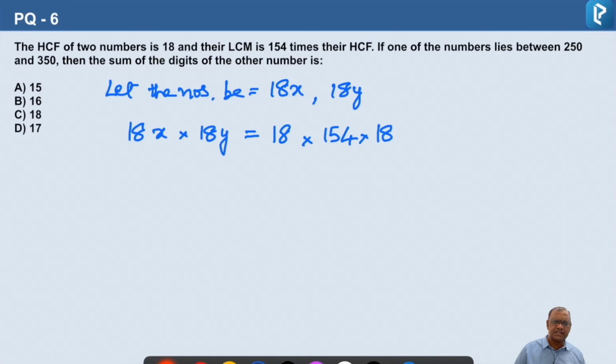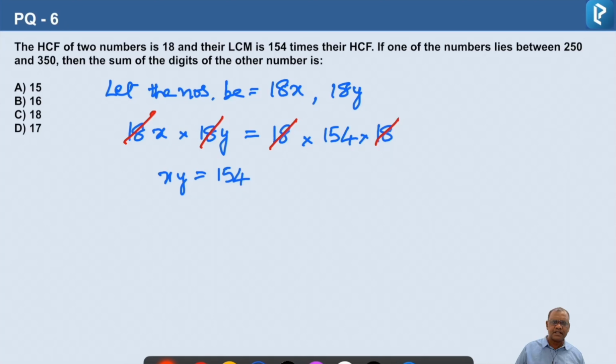So let us solve this and find the values of x and y. 18 cancels on both sides. So what is remaining here? x into y is equal to 154. So the product of x and y is 154.